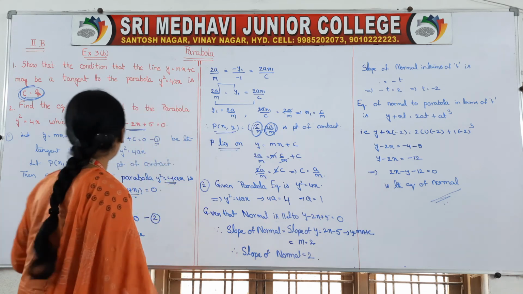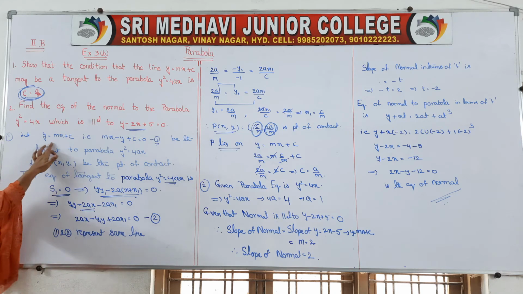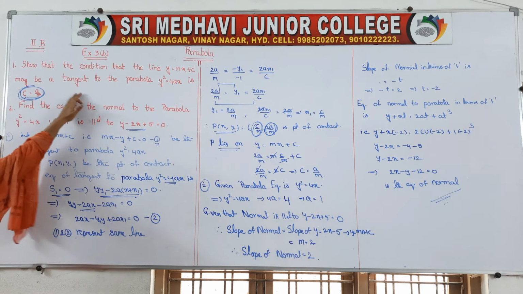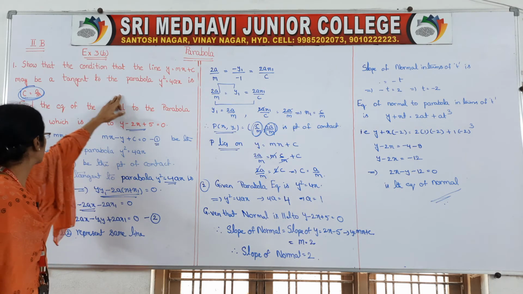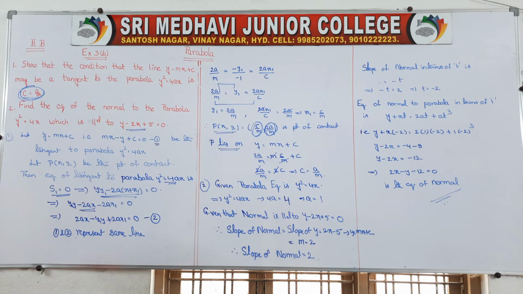Come on. Show that the condition that the line y is equal to mx plus c may be a tangent to the parabola y square is equal to 4ax is c is equal to a by m. So this is the problem given to you.